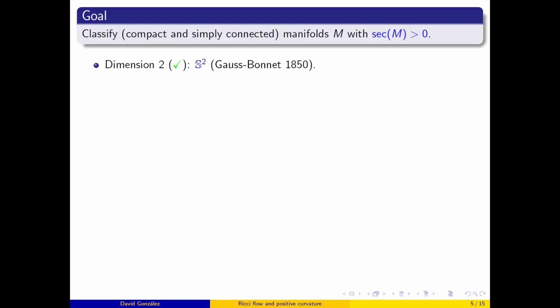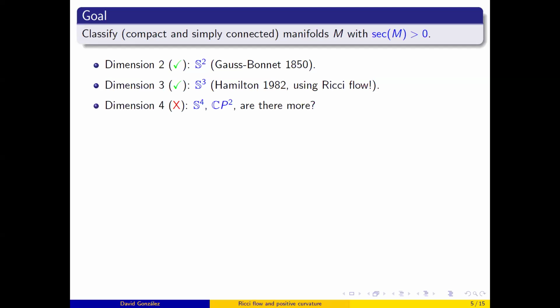So we just have the sphere. This is a consequence of the classical Gauss-Bonnet theorem. We do have a classification in dimension 3. We only have the sphere, and this is thanks to Hamilton, precisely using Ricci flow. Now, from dimension 4 on, we don't have a classification.